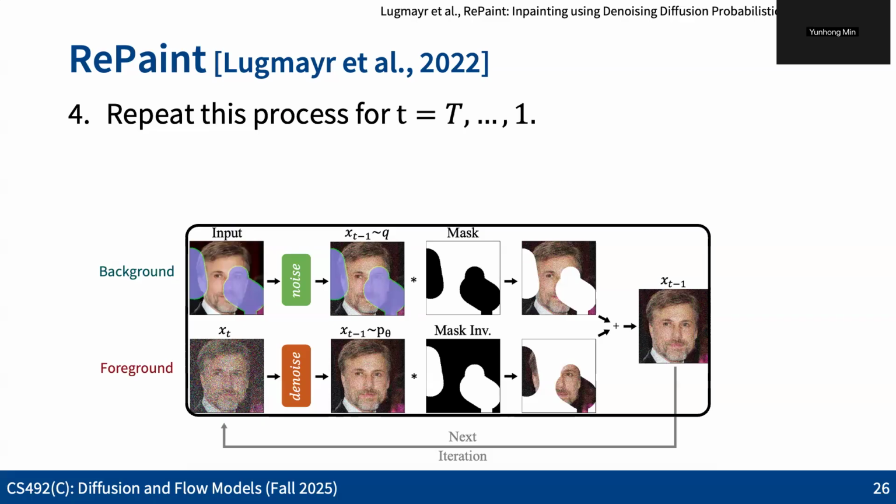Because every time we run the forward process from the given image, which means that if it goes to the last step of the reverse process, we are just performing the forward diffusion, probably one step out of the typical 1,000 steps, and running the reverse process again based on that.